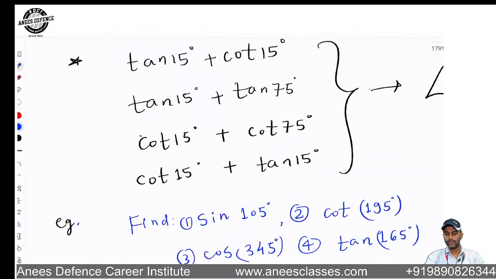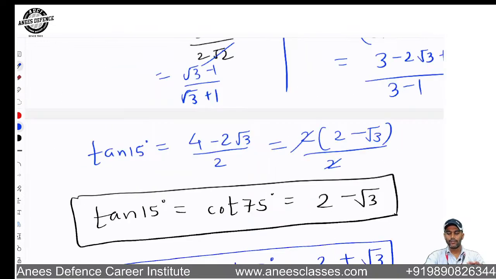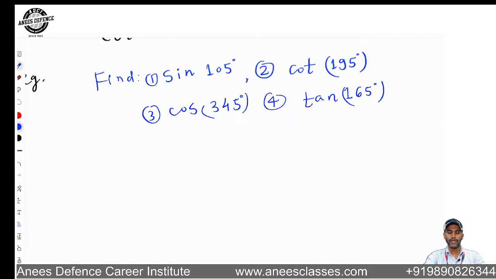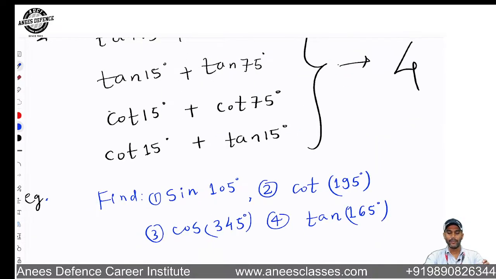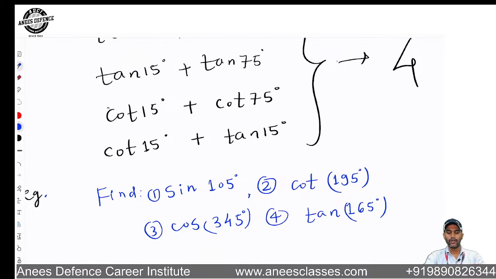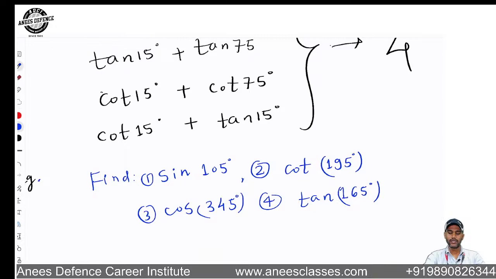We are solving some questions based on some special angles. We have covered only the 15-degree angle. How can we find out the different trigonometric ratio values for these angles?